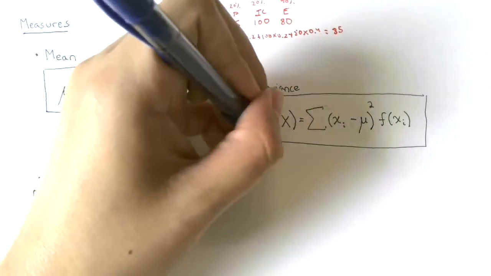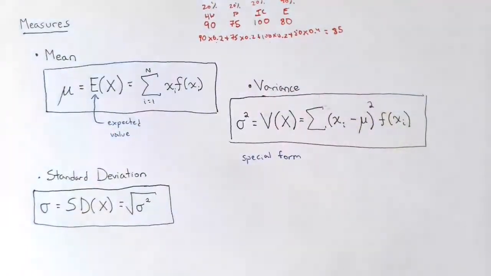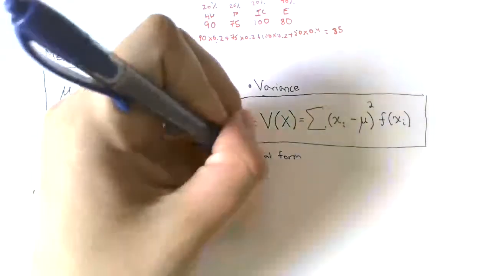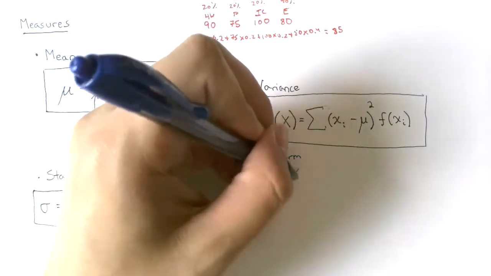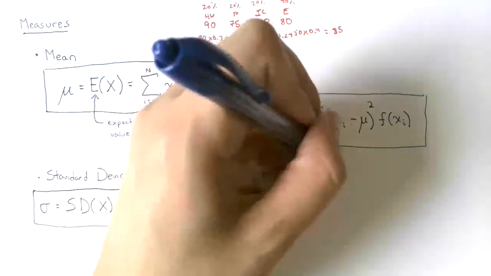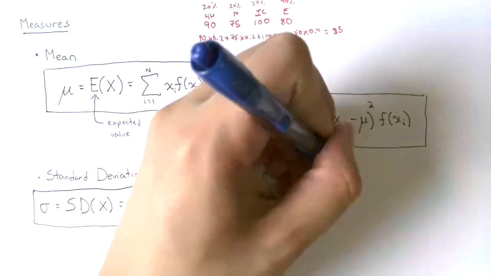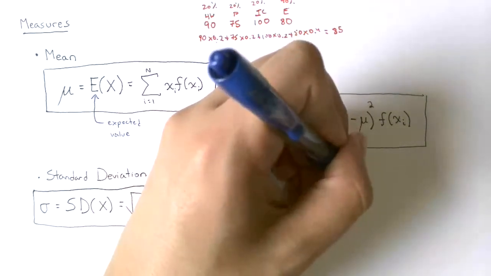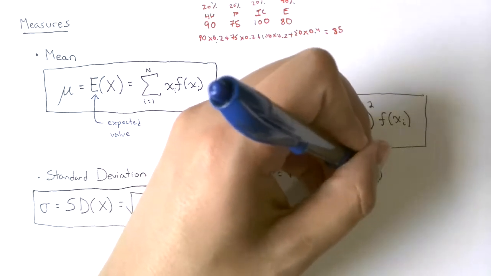Now, this special form was more helpful before we had computers, because calculating this by hand when you're dealing with thousands of data points is not very helpful. But we can derive this nice little special form of the variance, which gives us the sum of each outcome squared times the probability of that outcome.